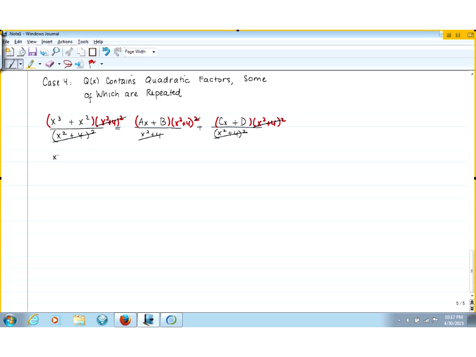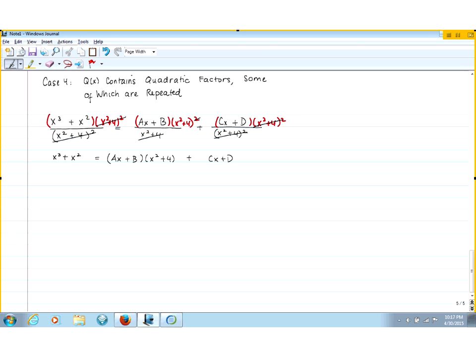And here, you're crossing out the whole thing. So then we have x cubed plus x squared is equal to ax plus b multiplied by x squared plus 4, plus cx plus d. There's no need to put parentheses here because we cancel out the cx plus d.